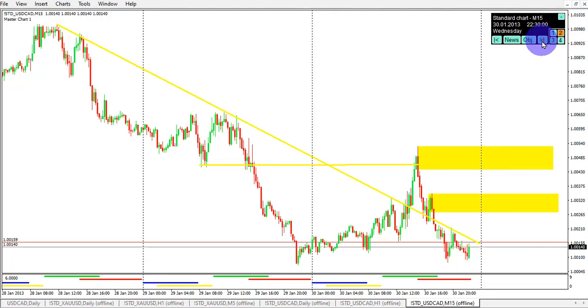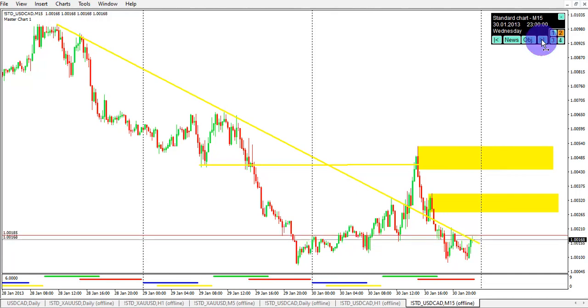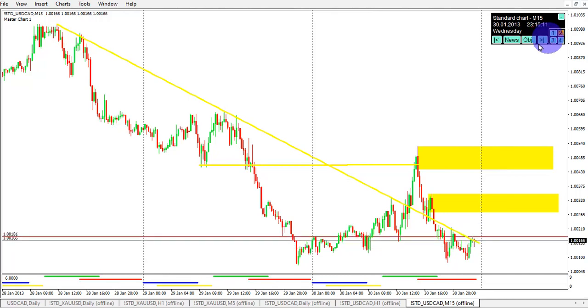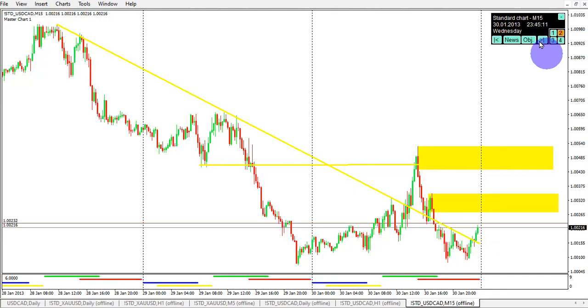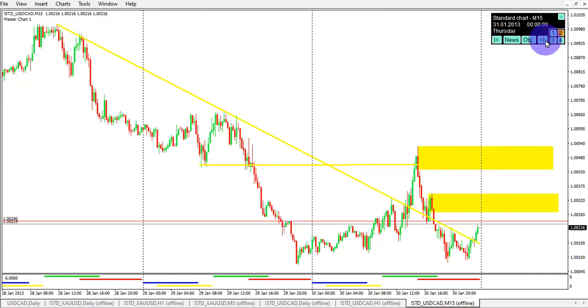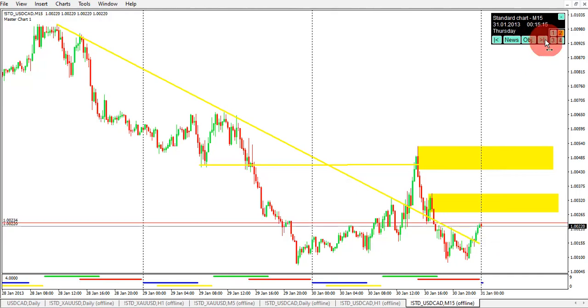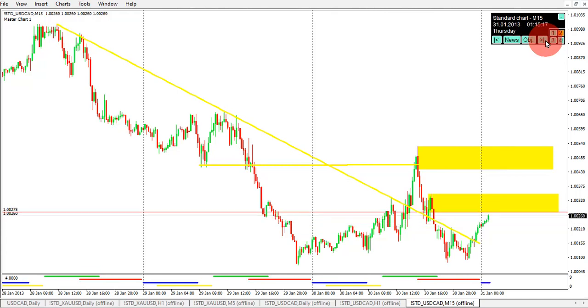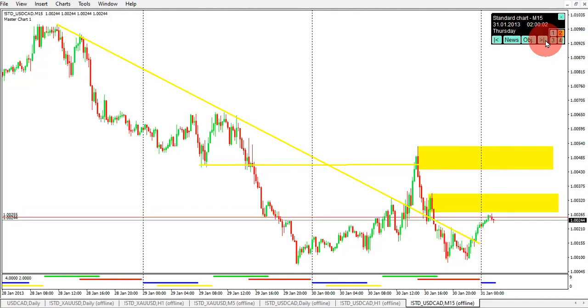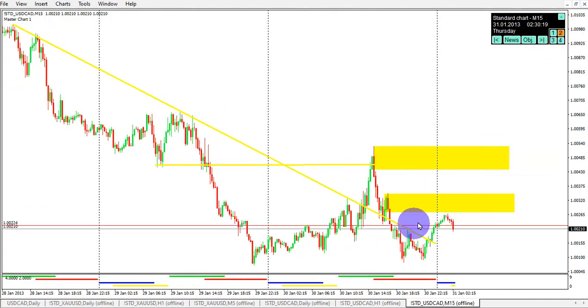So that's your price. Okay, so this is almost the close of the day. So it's a normal thing for you to have taken out your trade by now. Okay, price attempts to come back to that order block area but fails.